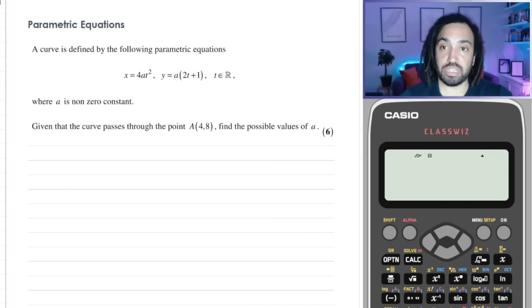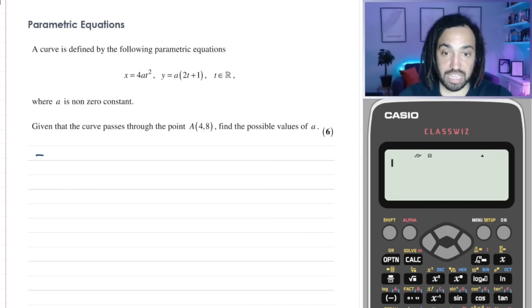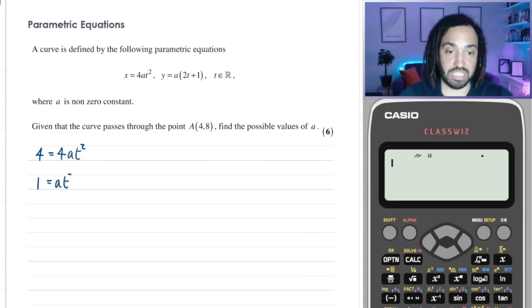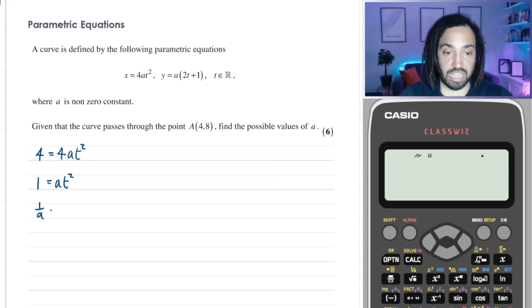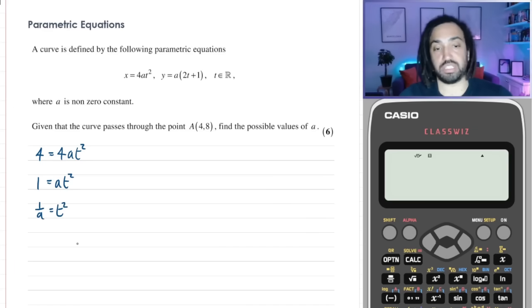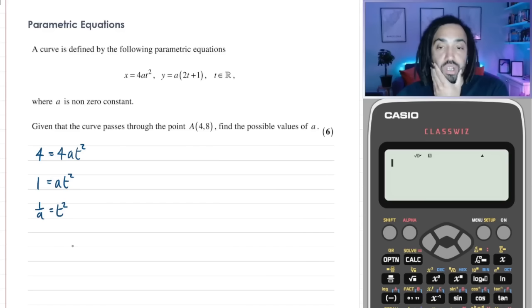So we know at this particular t value that x is 4. So we can sub that into the x equation, which gives 1 is equal to a t squared, which gives that 1 over a is equal to t squared, like so. Okay, and then I don't think I can take that much further.